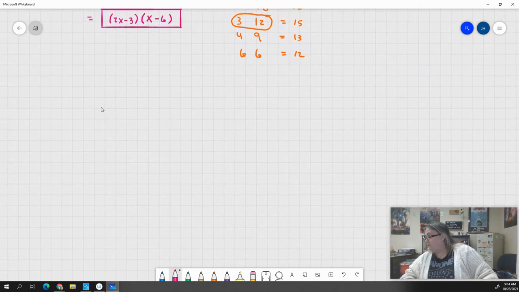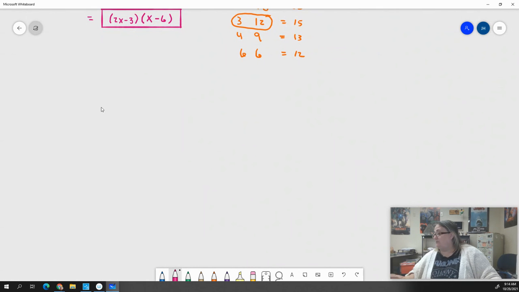So let's do, I don't want to do that one because that number is going to be huge. I want one with a smaller number. Okay, I like this one. So let's do, for example, 12x squared plus 5x minus 2.